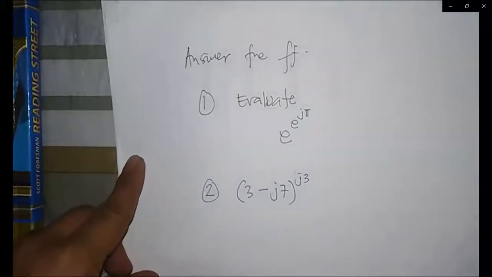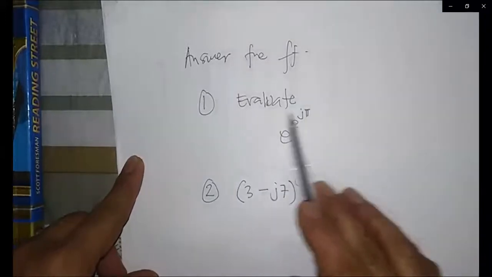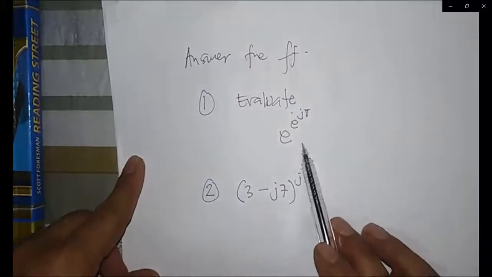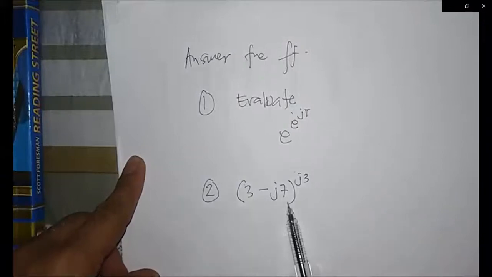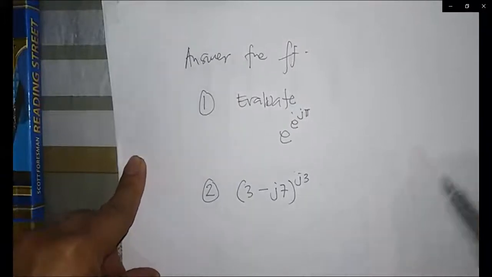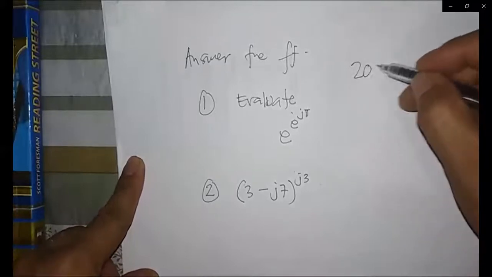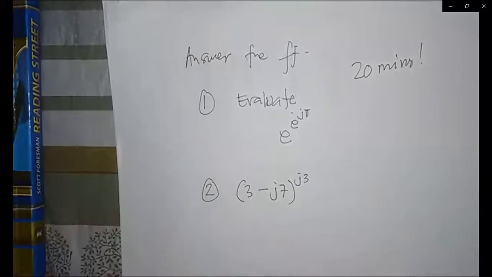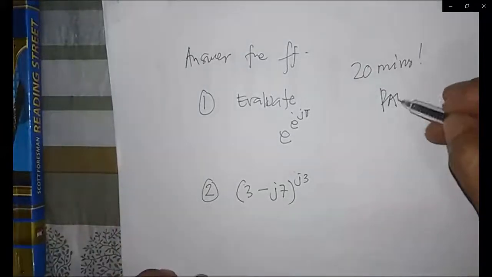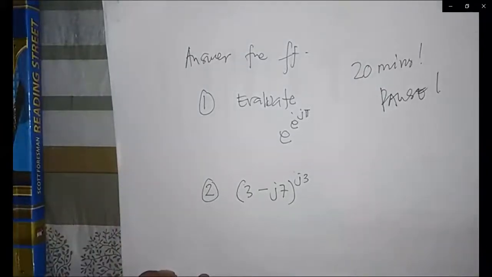Now for your activity, you're going to evaluate this expression: e raised to j pi. And for number 2, 3 minus j7 raised to j3. You will be given 20 minutes only. Try to solve this problem. Pause the video.